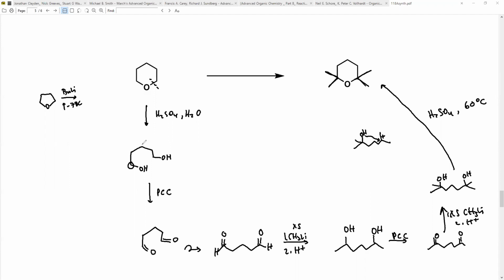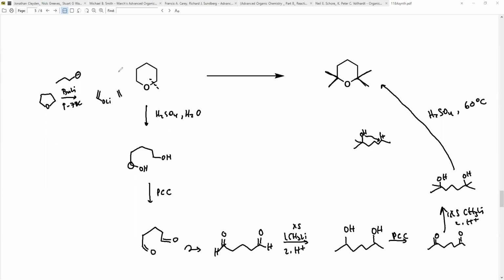BuLi is butyllithium, so it's a very powerful base. If you have BuLi and you have ether above this temperature, you will see a decomposition. The decomposition products look like this.